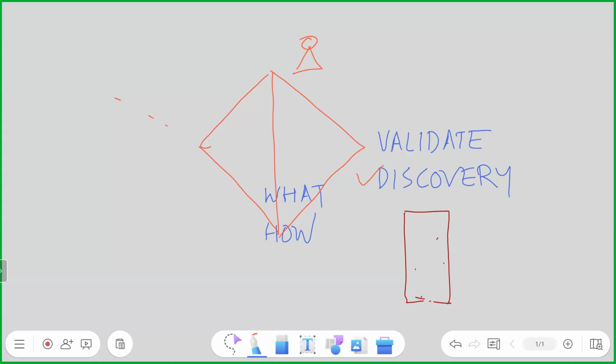How many of you have attended a design thinking course? I'm sure everyone has. So how many of you learned a technique called 5W and 1H? Everybody? So what is this 5W and 1H?